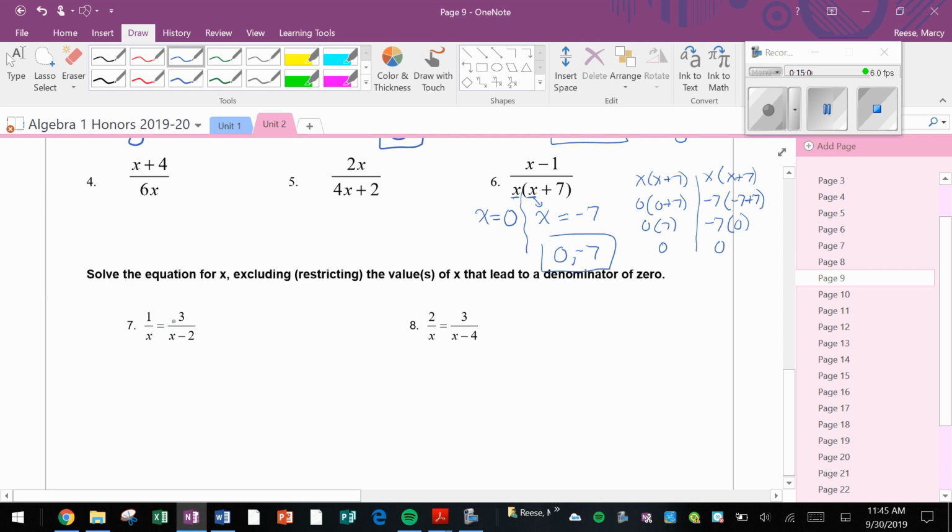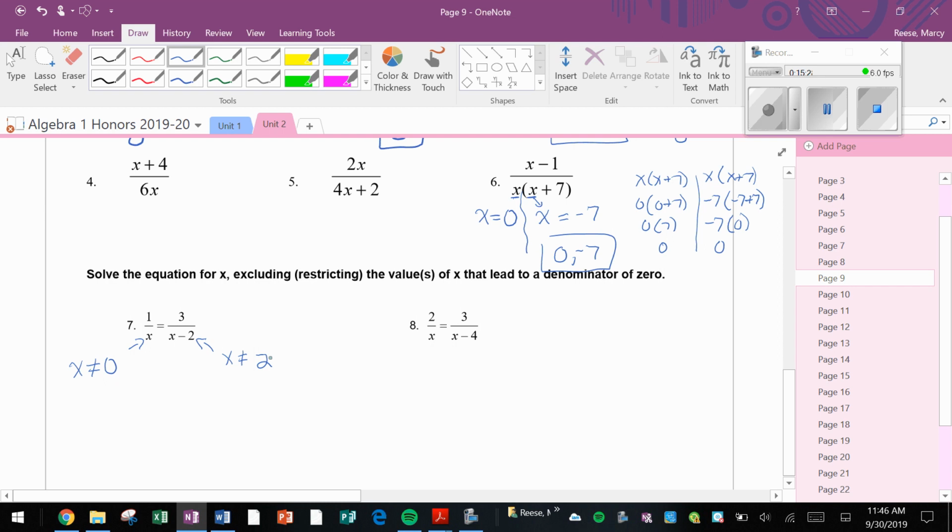I've got a denominator here where x can never be 0. And then I have a denominator here where x can never be positive 2. Because if it were 2, 2 minus 2 is 0.